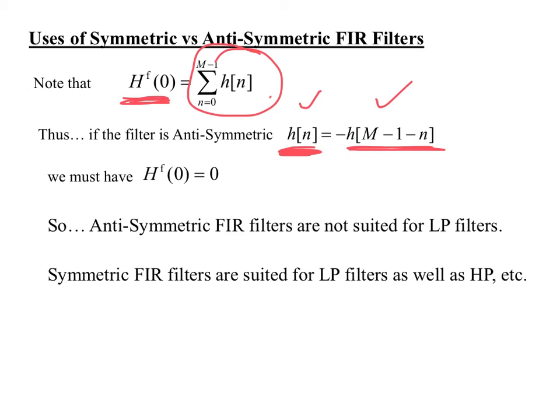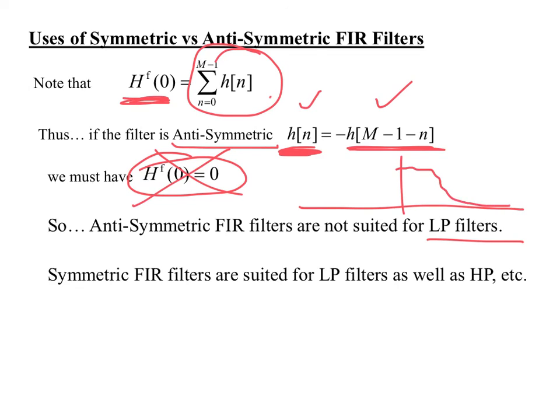So for the antisymmetric case, the frequency response at omega equal to 0 equals 0. And remember, for a low-pass filter, we do not want that. We would want a low-pass filter to be high at omega equal to 0. And so that's telling us that antisymmetric FIR filters are not suitable for low-pass filter designs. Symmetric FIR filters, though, we can certainly use for low-pass filters.